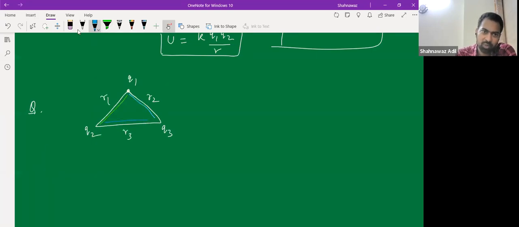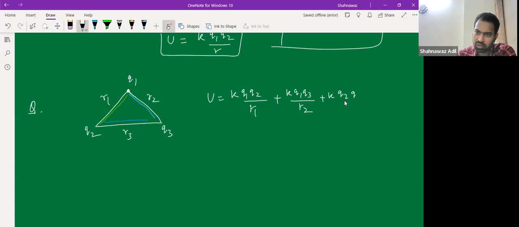The potential energy of this system would be KQ1Q2 by R1, plus KQ1Q3 by R2, plus KQ2Q3 by R.